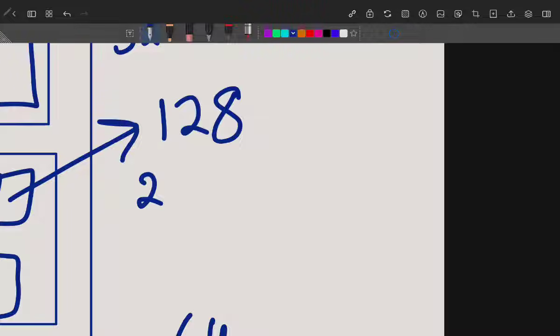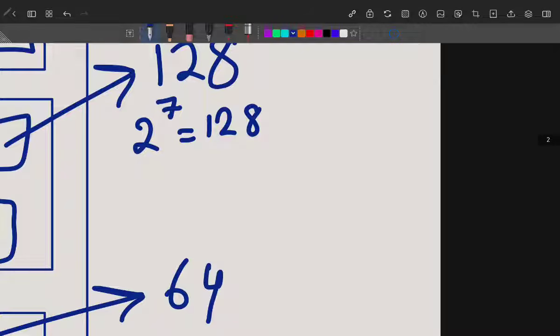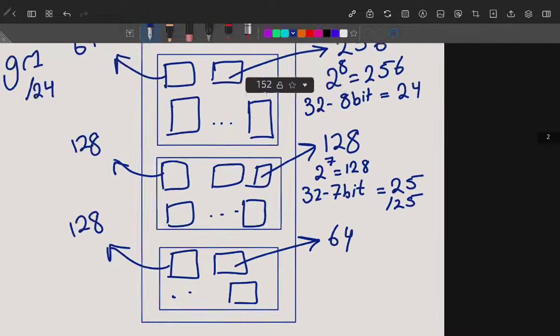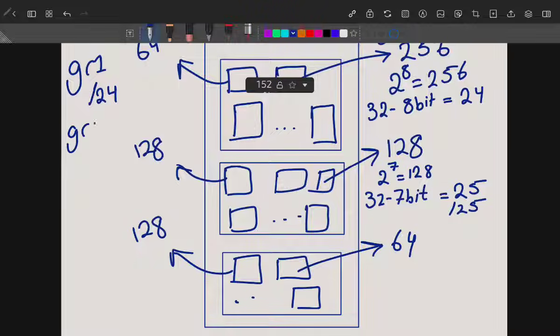Let's do the second group. Is 128 a power of 2? Yes, because 2 to the power of 7 is equal to 128. So 7 bits are needed for 128 addresses. Hence 32 minus 7 is equal to 25. Therefore the subnet mask of group 2 is /25.